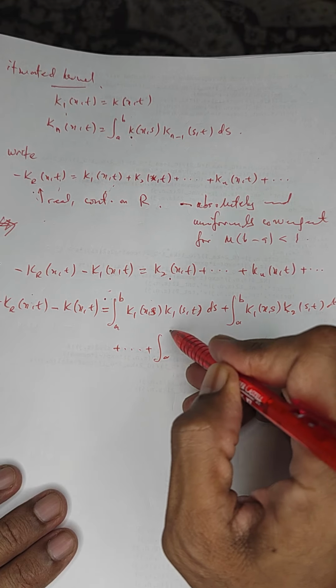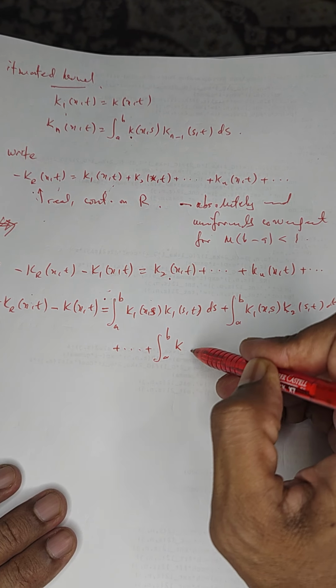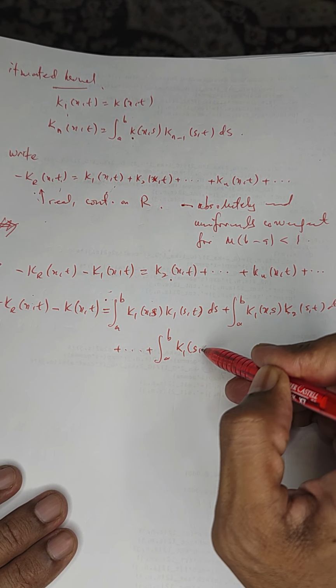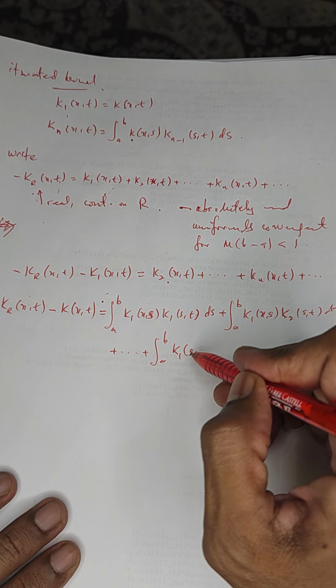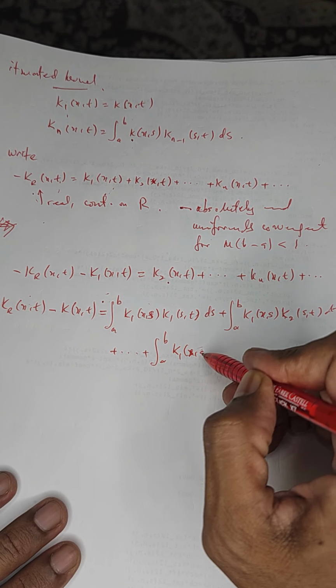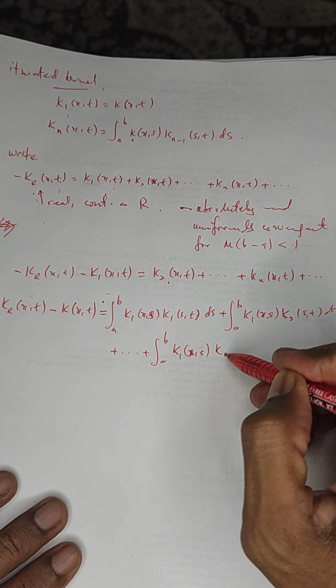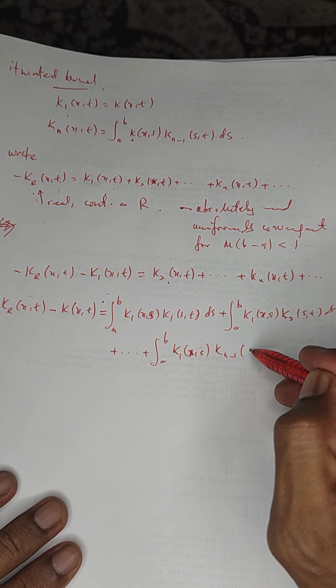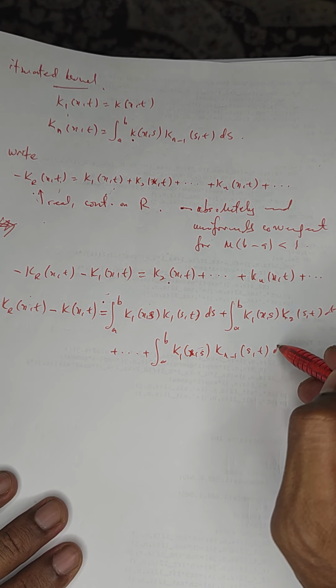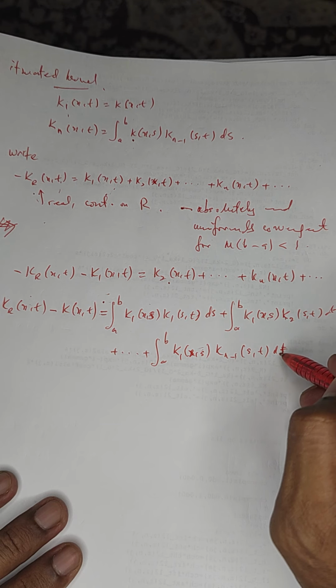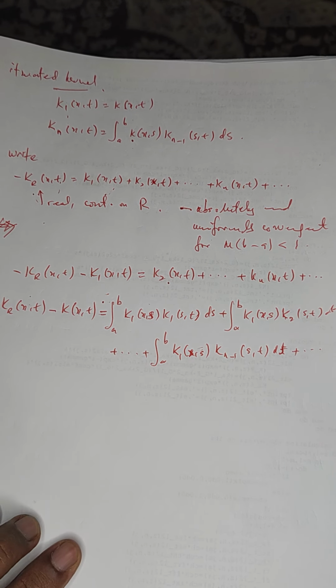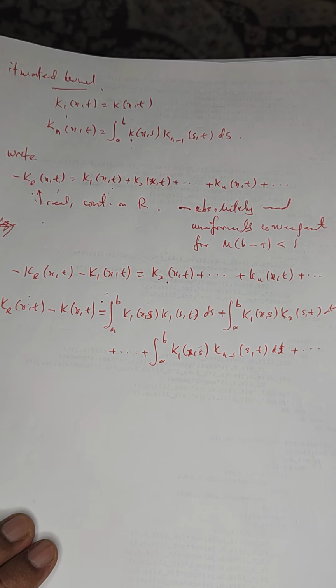So we have integral a to b k1(x,s) k_{n−1}(s,t) dt ds and so on. All right then.